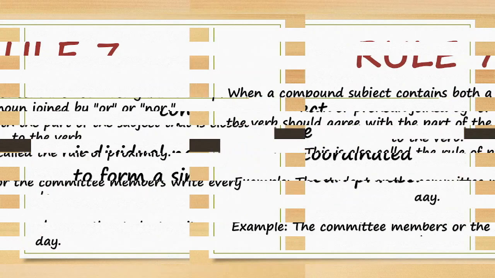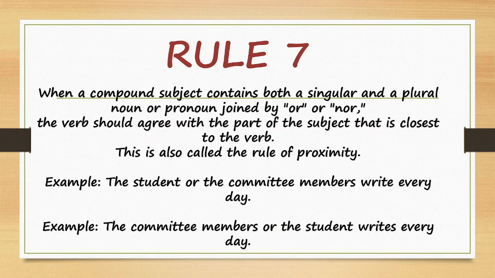Now let's proceed to rule number 7. When a compound subject contains both a singular and a plural noun or pronoun joined by or or nor, the verb should agree with the part of the subject that is closest to the verb.